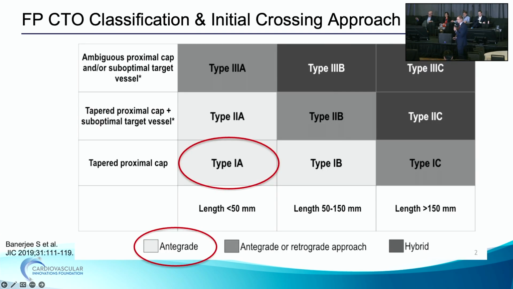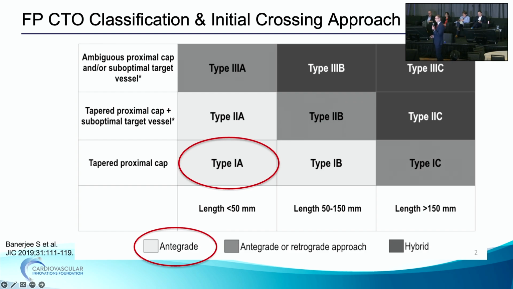Okay, perfect. So, Dr. Banerjee published a very nice manuscript, which everyone should take a look at, in 2019, looking at a very systematic approach to this lesion, depending on the lesion length, going from the shorter ones, less than 50 to 150, et cetera, and then looking at the anatomy, whether the anatomy of the occlusion is favorable or not.